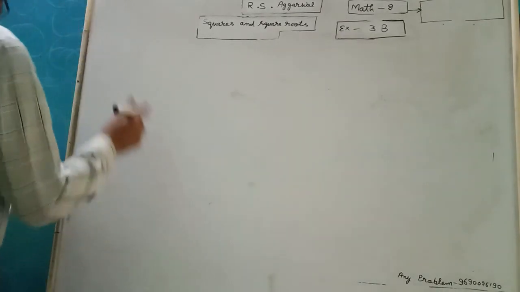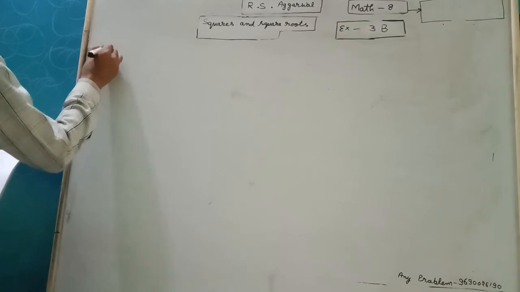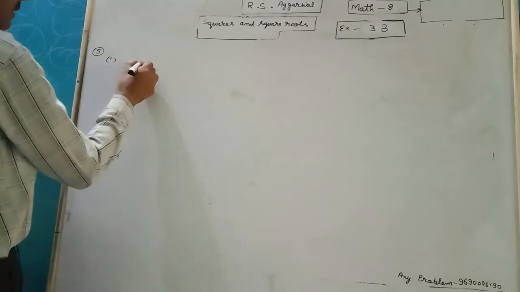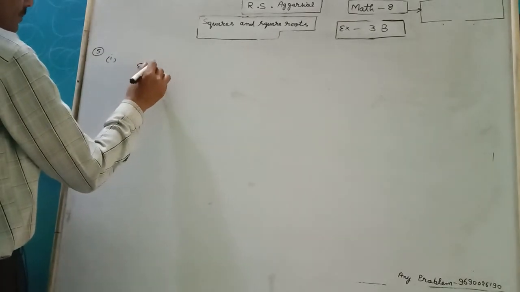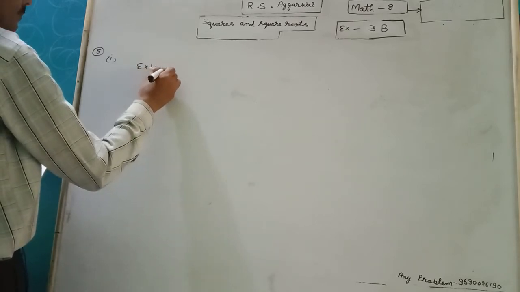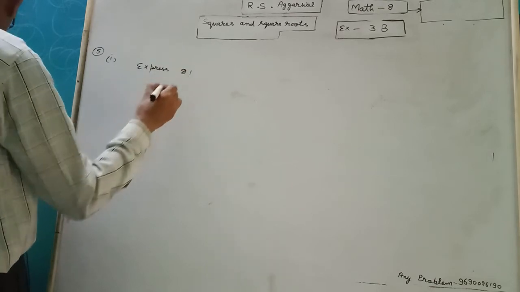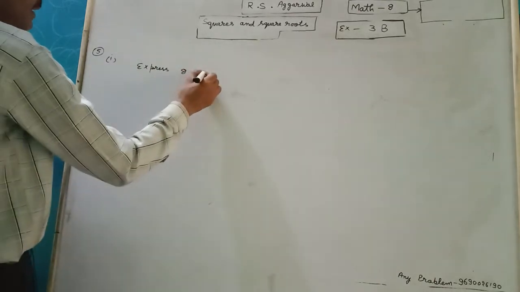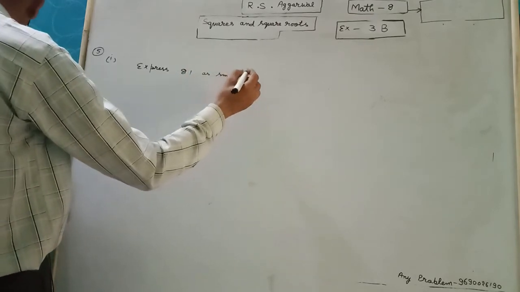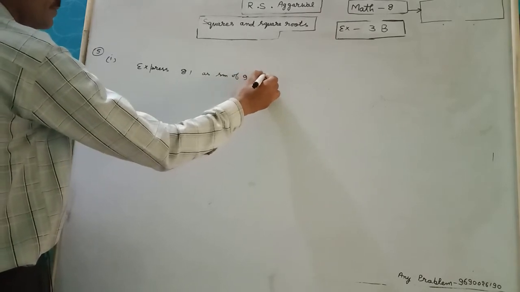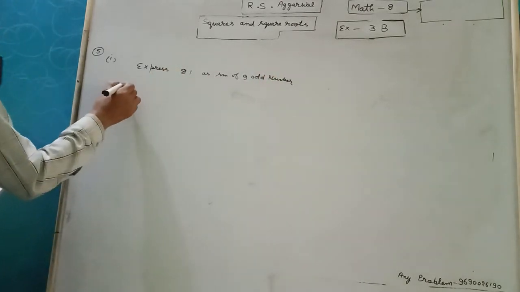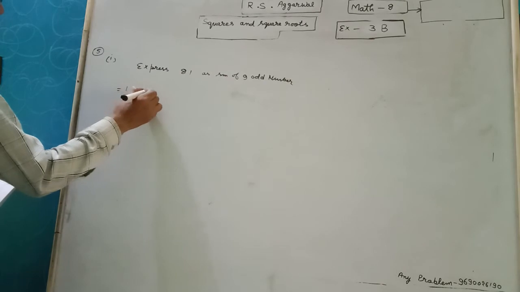Question number 5, reciprocal question number. First part, x brackets 81, write the add sum of 9 odd number. So you write the 1 plus 3.